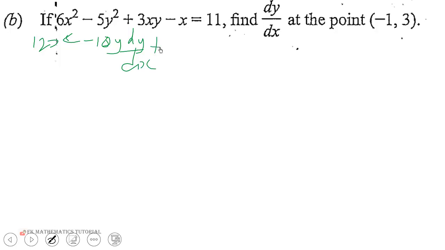Then we have plus 3xy. So we hold 3y and differentiate x. Then we now hold 3x and differentiate y. So that will give us plus 3x dy dx minus 1 is equal to 0.